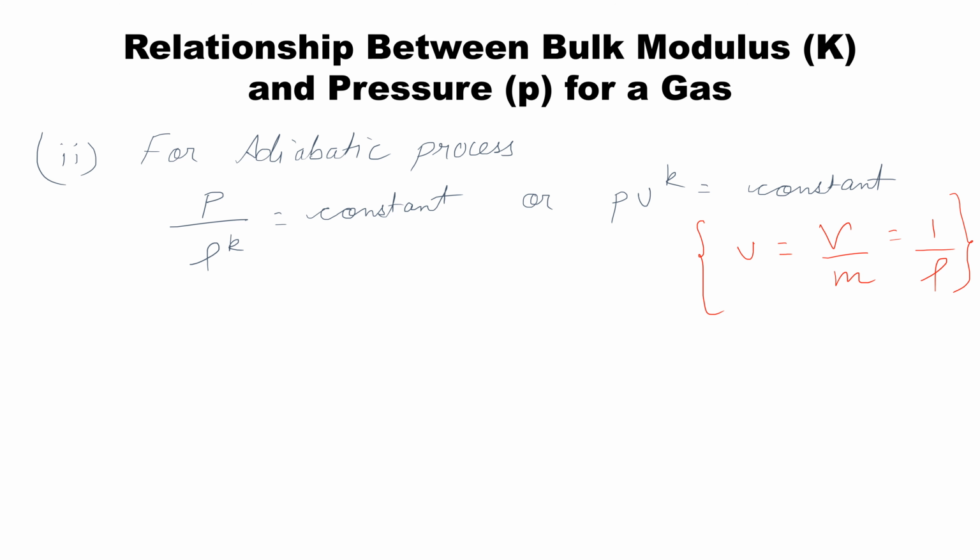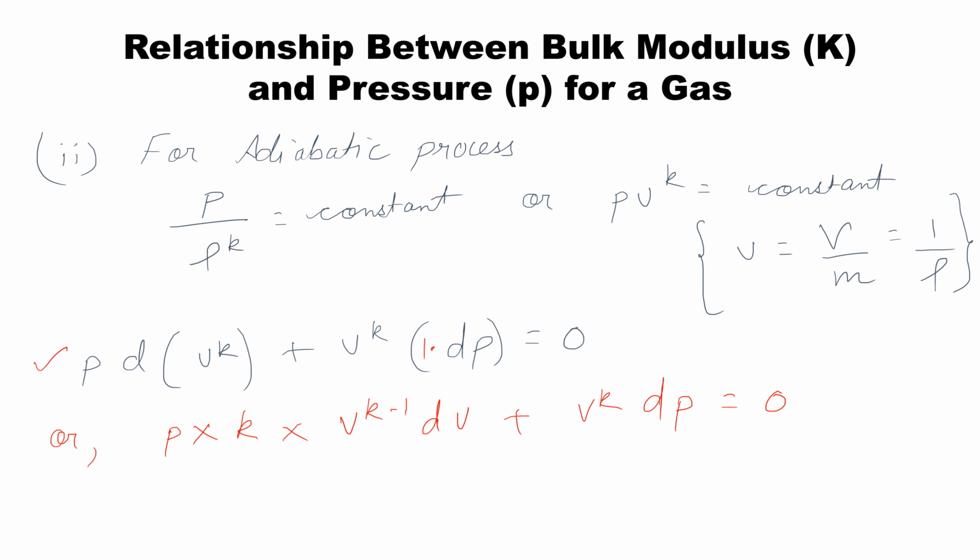So we can differentiate this equation. When we differentiate, we will get P multiplied by d of V raised to power K, plus V raised to power K multiplied by dP, is equal to 0. Since P is constant in the first term, we differentiate with respect to V raised to power K, and in the second term we have to differentiate P. While differentiating we will get P multiplied by K multiplied by V raised to power K minus 1 dV plus V raised to power K dP is equal to 0.